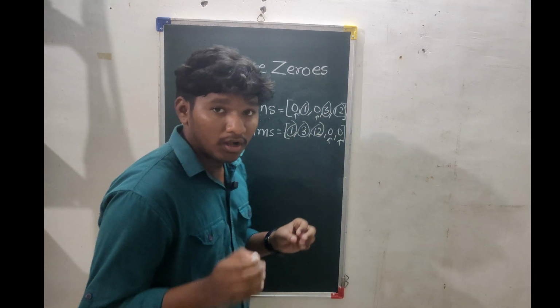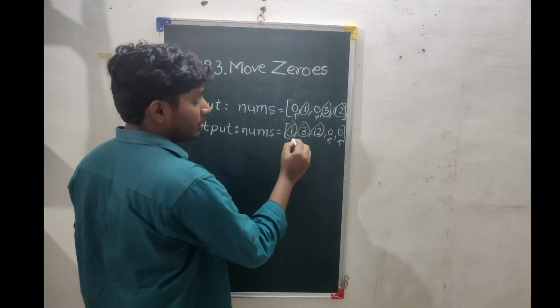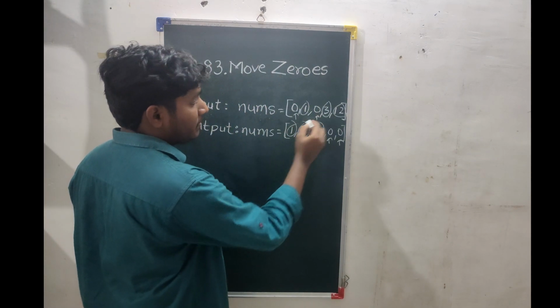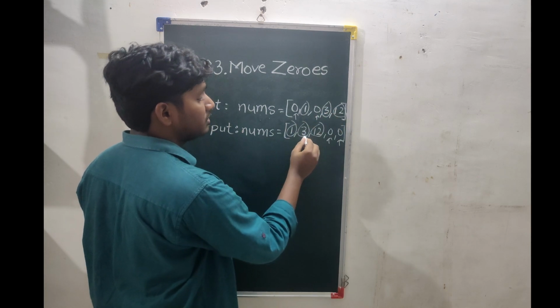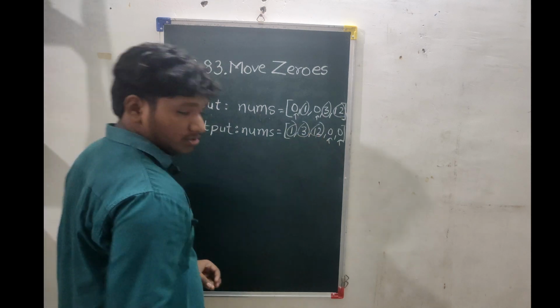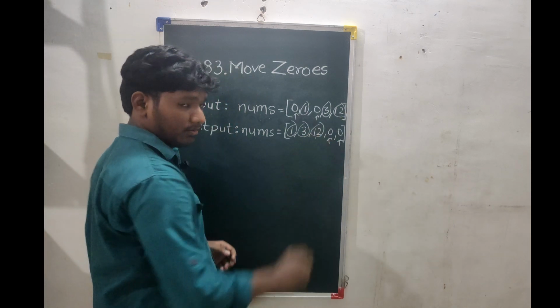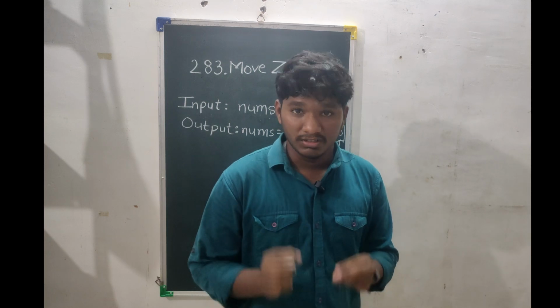And we also have to maintain the order in place, that means the 1 should come first, and after that the next non-zero element should be 3, and after that 12 should be the next non-zero element. So let's see some approaches to this question.